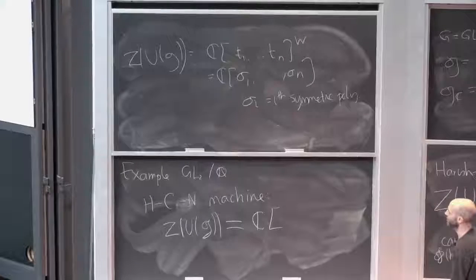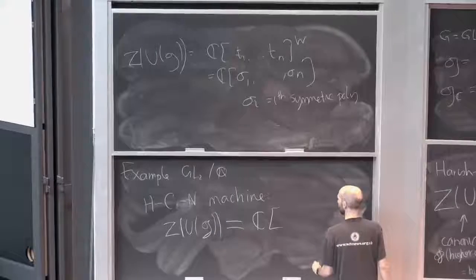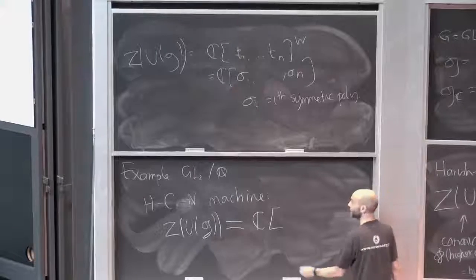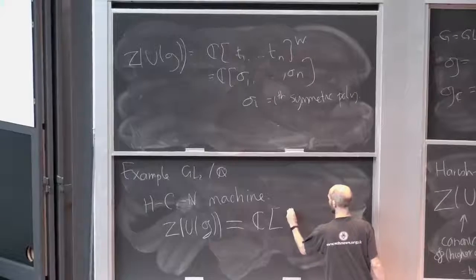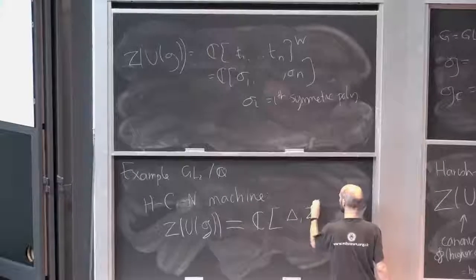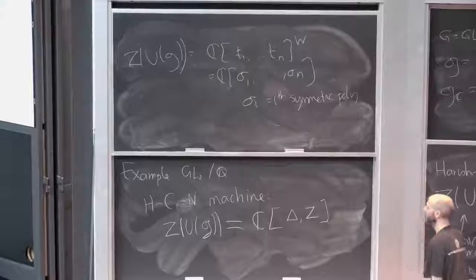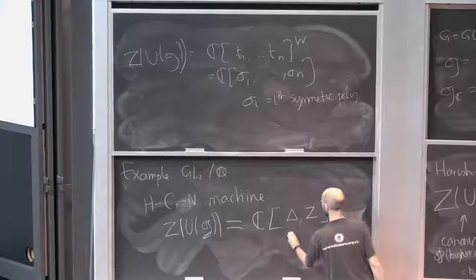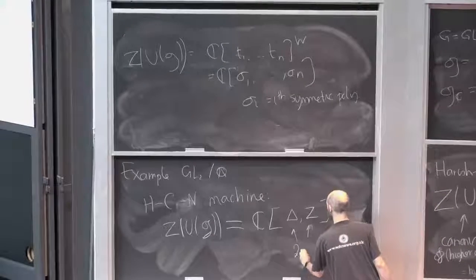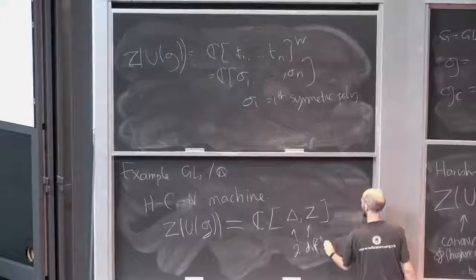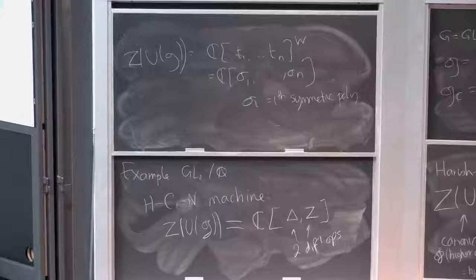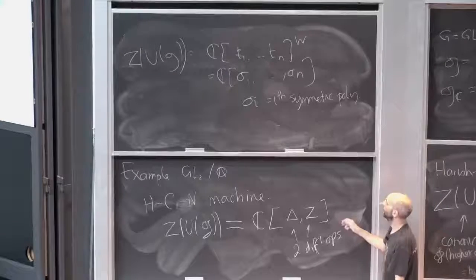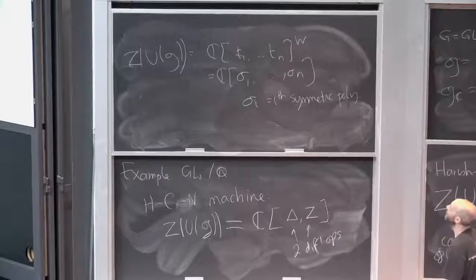Because n is now 2. I need names for these 2 variables. Why don't I call them triangle and Z? There. So these things here are 2 differential operators, right? These 2 differential operators must be kind of magic differential operators that commute with every other differential operator. And we know there's 2 of them, and we don't really know much else about them.